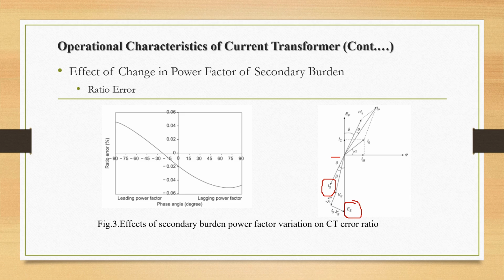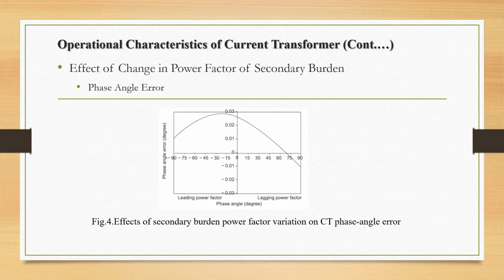The amplitude for a capacitive circuit, that is the leading circuit, is positive, and for lagging this will be negative. So as the ratio error increases in its negative value, the nature will be in decrement.